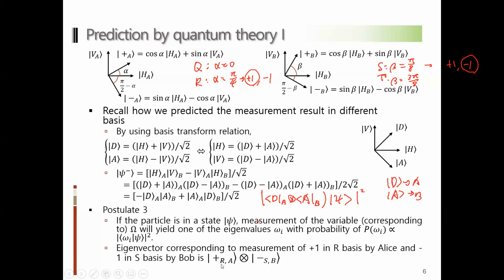Then we should be able to write down this kind of basis vector. All we have to do to find the probability to measure this result is to take the inner product between this vector and psi.